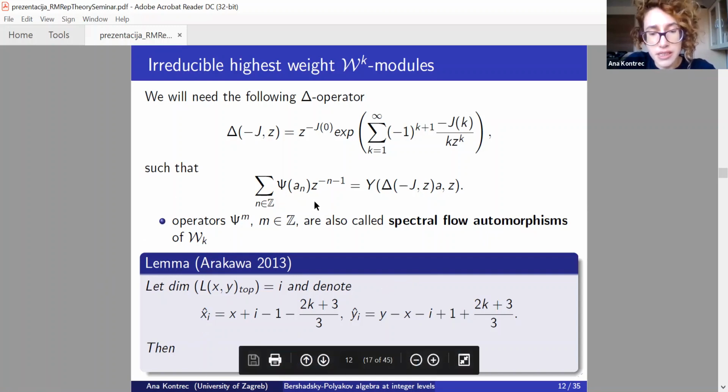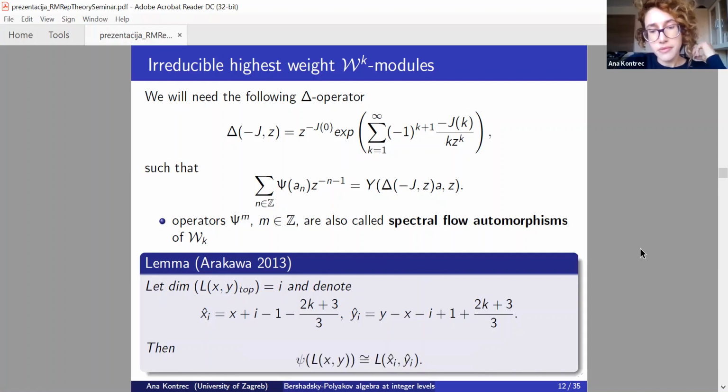Then we get that the module L with highest weights x hat, y hat, is isomorphic to the spectral flow image of the original module L(x,y).